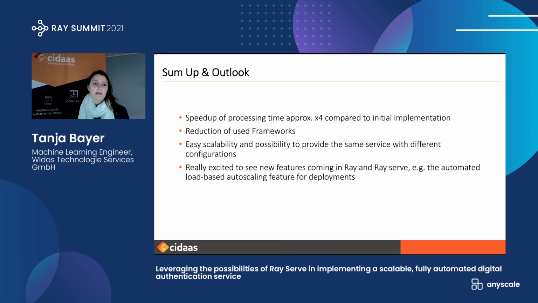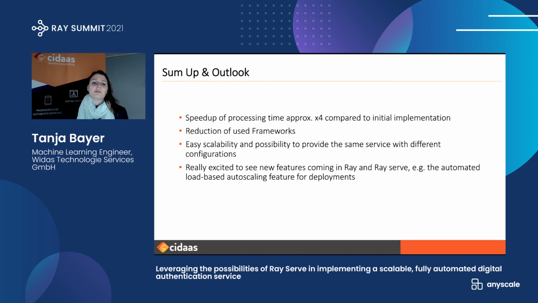So now let me have a quick sum up of everything. By using RayServe instead of our initial proof of concept, we were able to speed up the processing time by about a factor of 4 compared to how we initially implemented it.